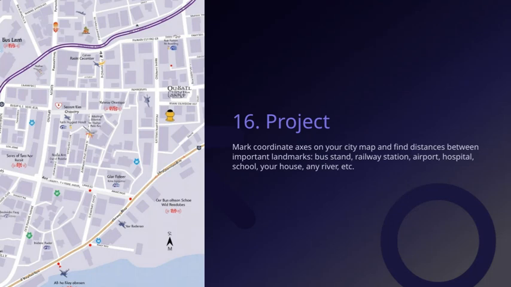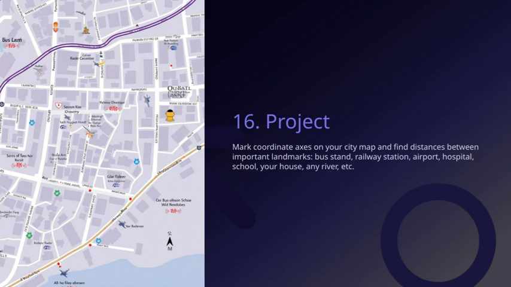Let's talk about how to practically apply what we've learned. First, you should mark the coordinate axes on your city map. This helps you create a reference system for measuring distances. Next, identify and locate important landmarks like the bus stand, railway station, airport, hospital, school, your house, and even natural features like a river.